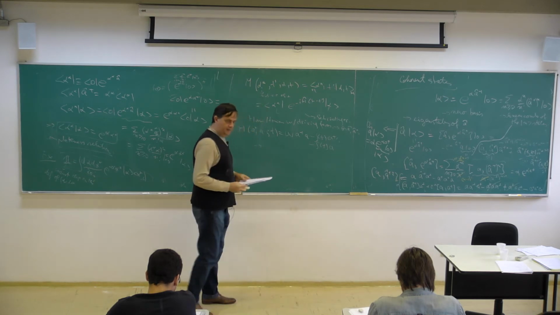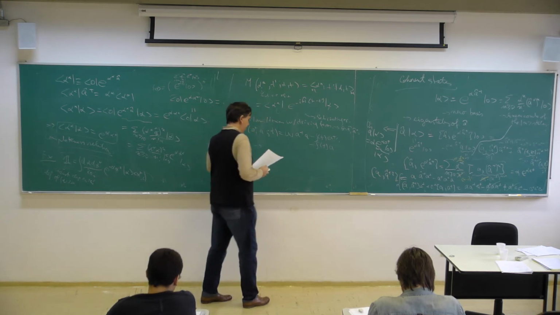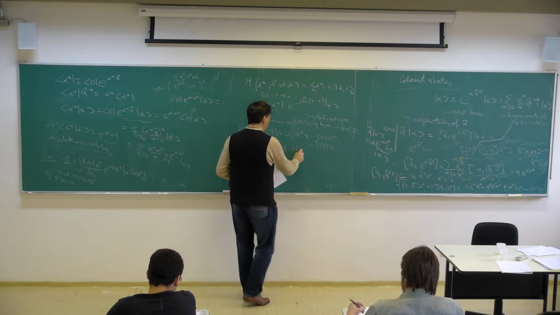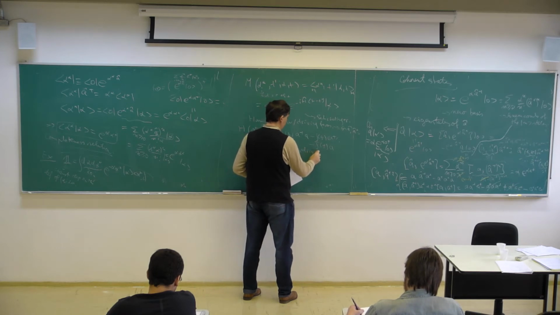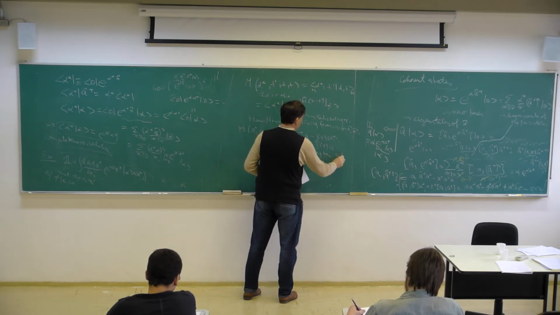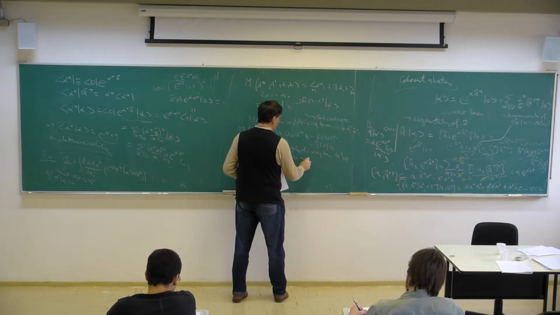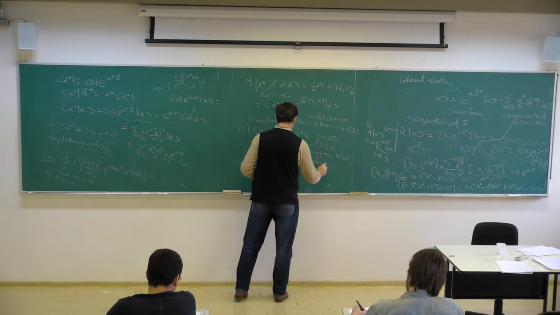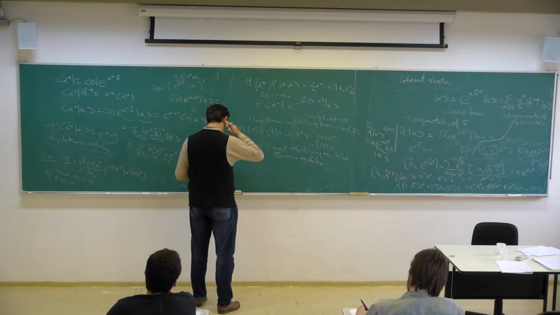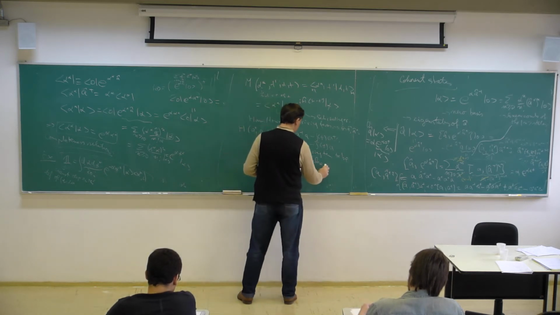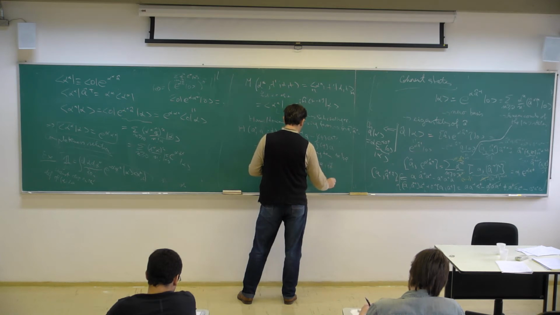But of course I want this to be the same as before. So I want the driving term to be the same as before if J of t is real.